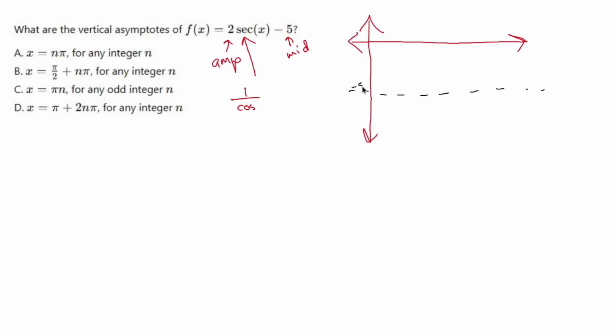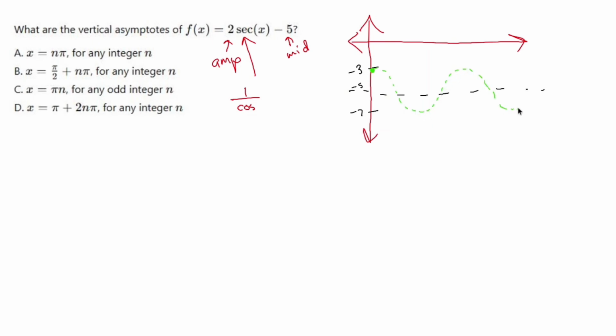If my midline is -5 and my amplitude is 2, that means it's going to deal with -3 because that's 2 above, and -7 because that's 2 below. Now, what I like to do with these problems is draw the cosine function as a rough draft. Cosine is going to look like this.